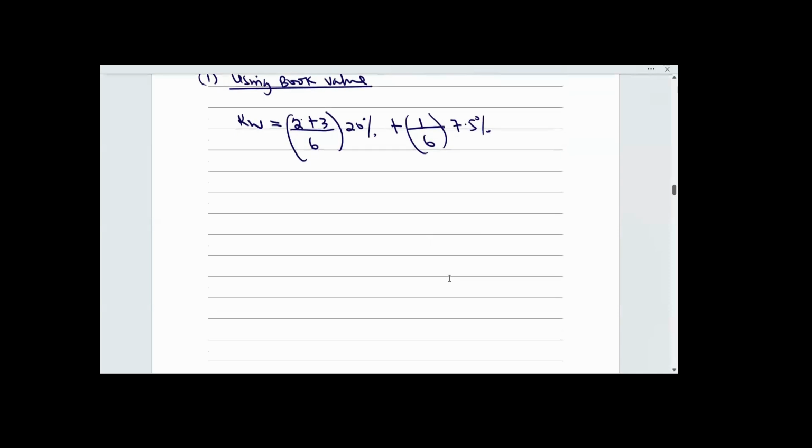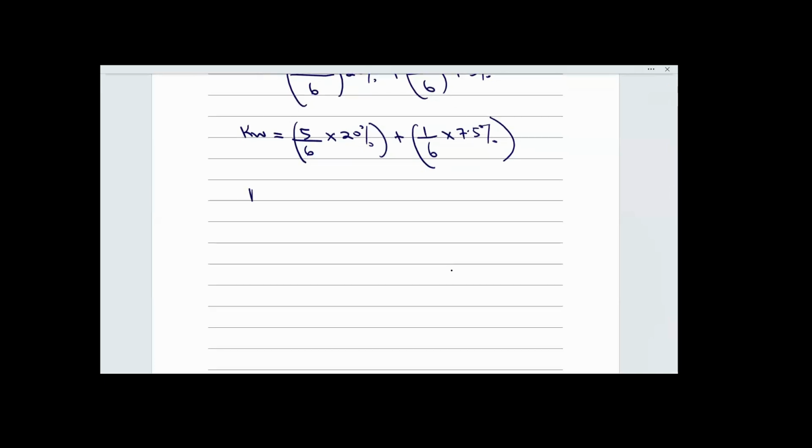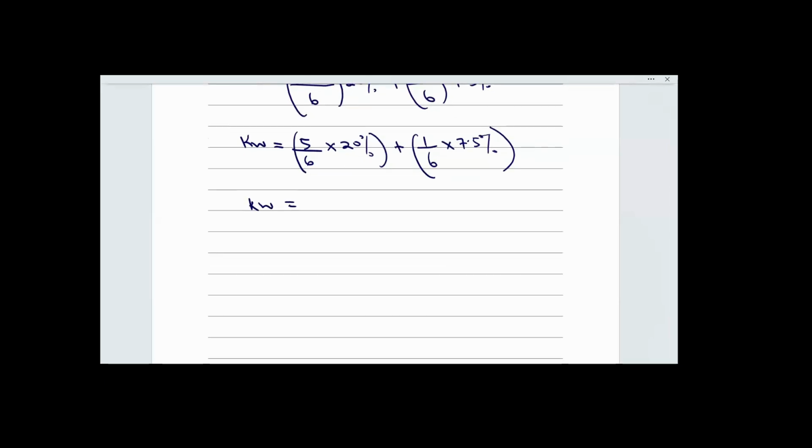So if that is the case, WACC is 5/6 multiplied by 20%, plus 1/6 multiplied by 7.5%. Bring out your calculator.